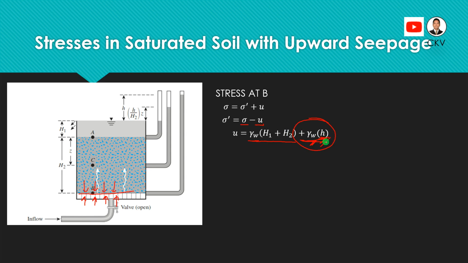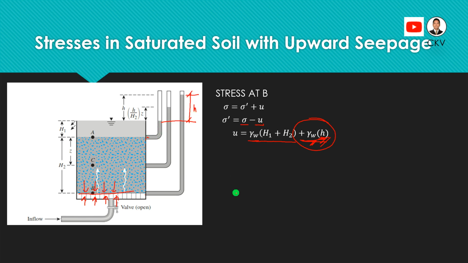So what's H here? If we have piezometers placed at each level of the soil layer, from top to bottom or at the middle, and we take the difference of the pressure head from the top, which is at point A, to the bottom, which is point B, that would be your H there.